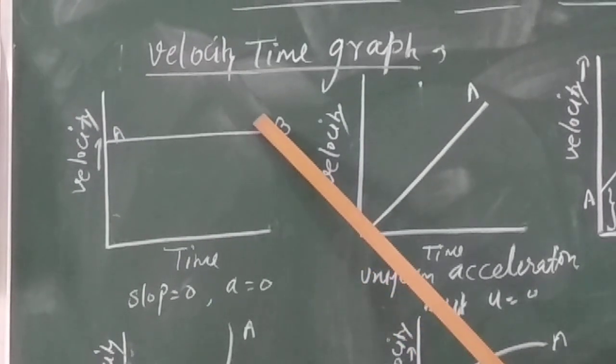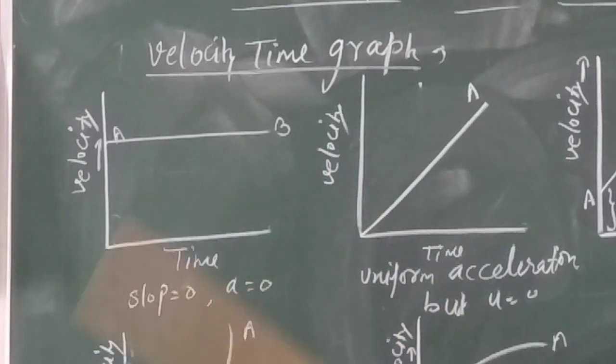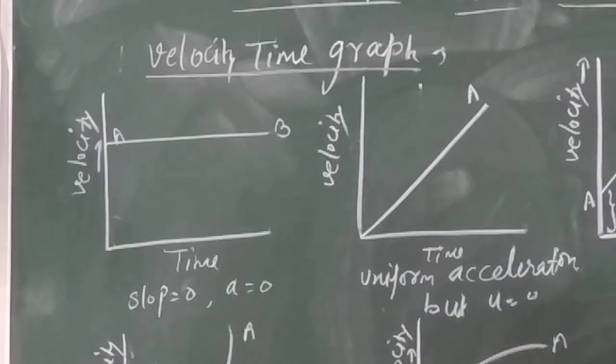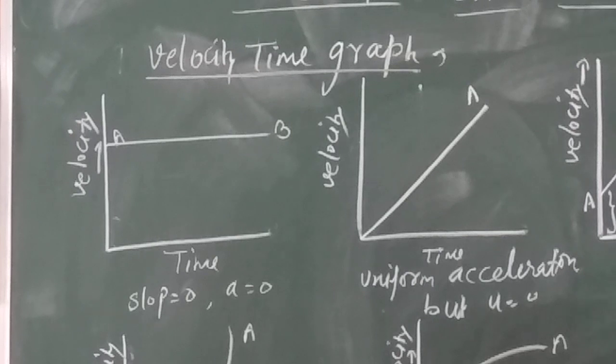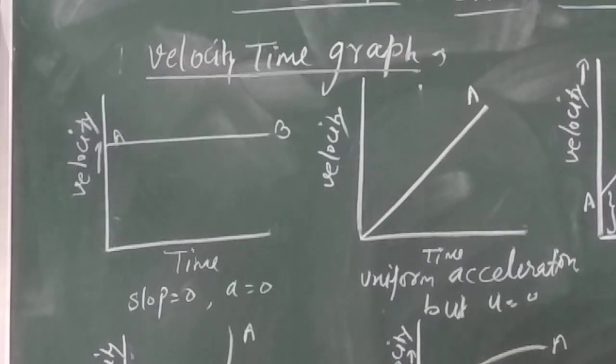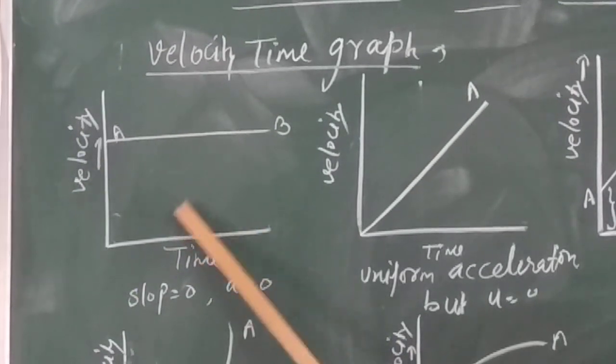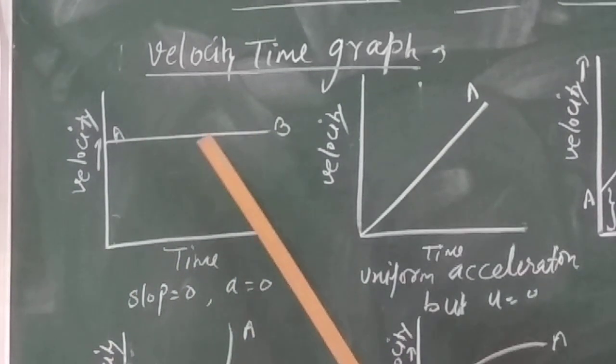From this figure, if we take the area of this rectangle, the area of the rectangle is equal to distance. From a velocity-time graph, we can calculate distance as well as acceleration. But in this graph, there is no acceleration, there is only distance.